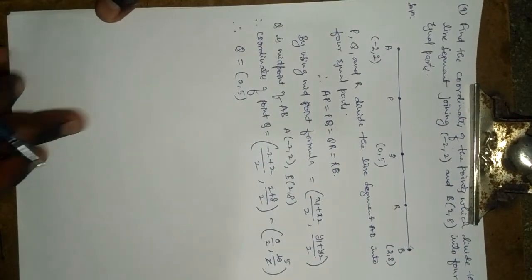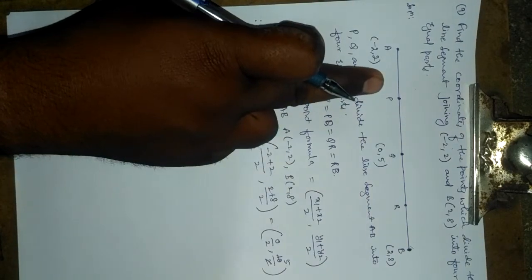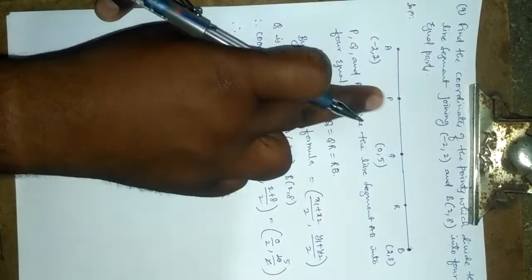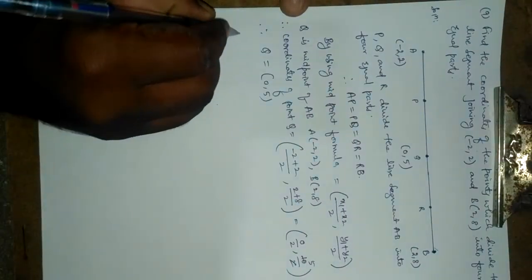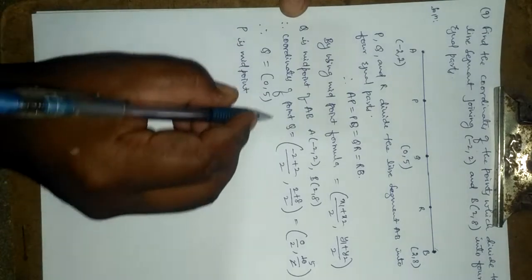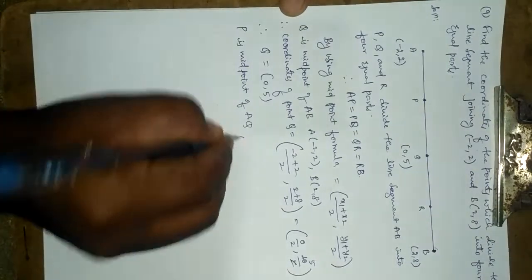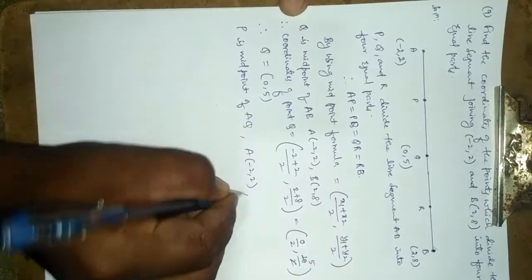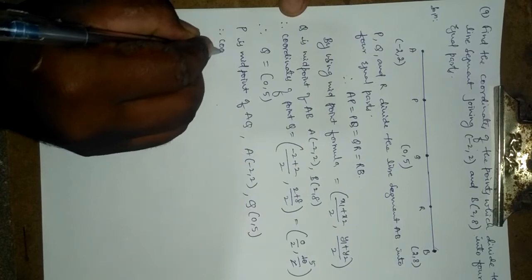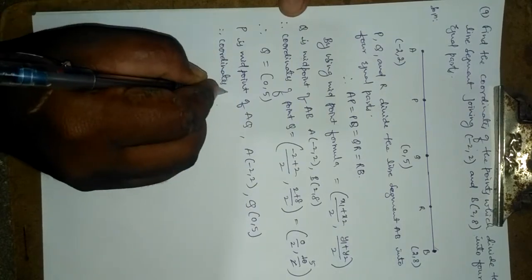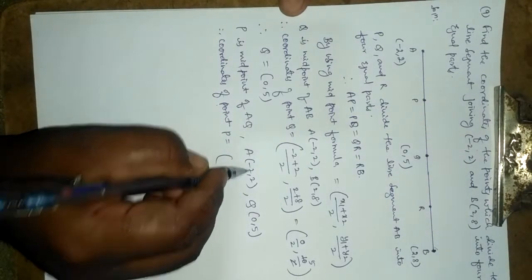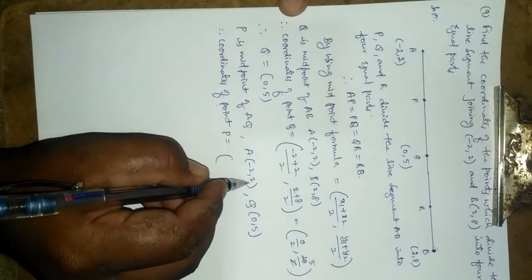Now to find the coordinates of point P, we have to use the coordinates of point A and point Q. Then find the midpoint, you will get point P. So what do you have to write? P is the midpoint of AQ. Here A is (-2, 2) and Q is (0, 5). Therefore, the coordinates of point P are x1 plus x2 by 2, y1 plus y2 by 2.